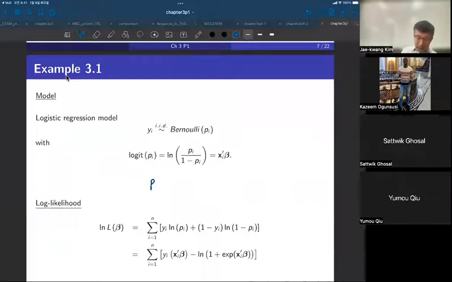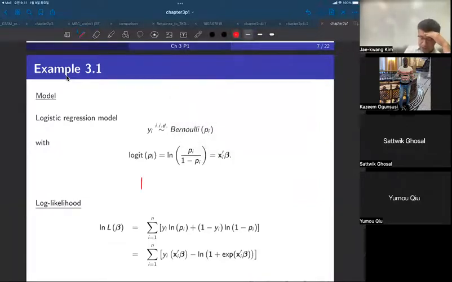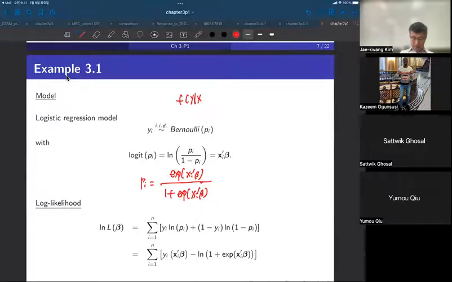So in this logistic regression, the PDF density of the response is pi_i to the y_i times 1 minus pi_i to the 1 minus y_i, because y is either 1 or 0.